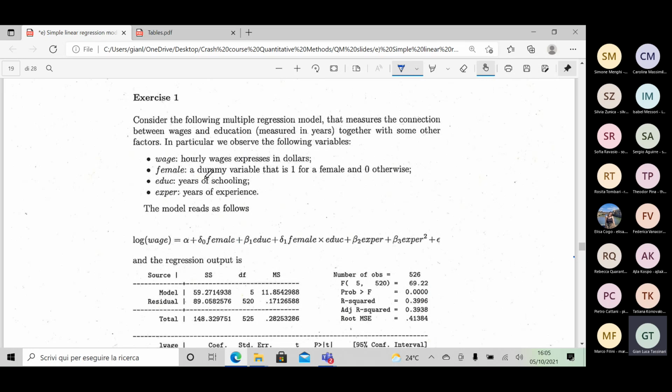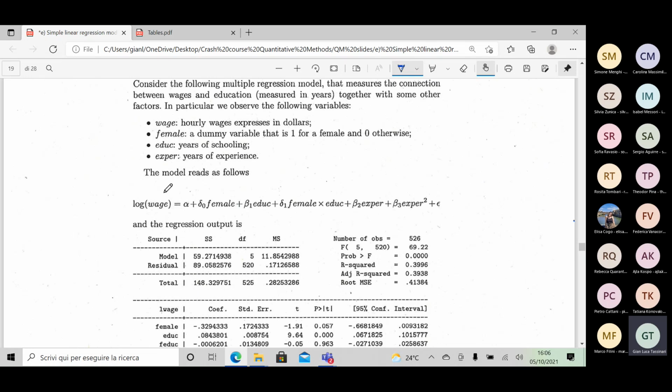So for each of these individuals, you detect the wage, the gender, which is captured by this dummy variable, the education, the years of schooling, and the experience in work. And the model that was estimated was the following.